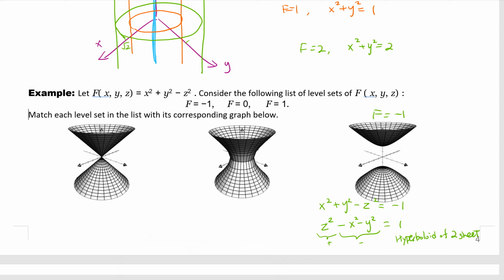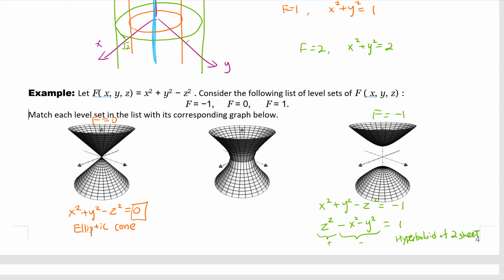And when f equals 0, what do you say? Wow, we will get a cone, right? If f is 0, then x squared plus y squared minus z squared equals 0. Then we get an elliptic cone. And this is the picture of the elliptic cone. The right hand side, you can see, is not a number, it is 0.